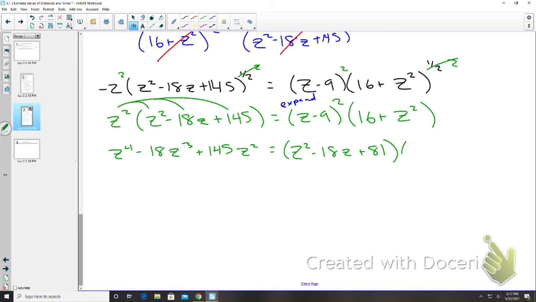That is still multiplied by 16 plus z squared. Again, let's distribute this into our brackets.